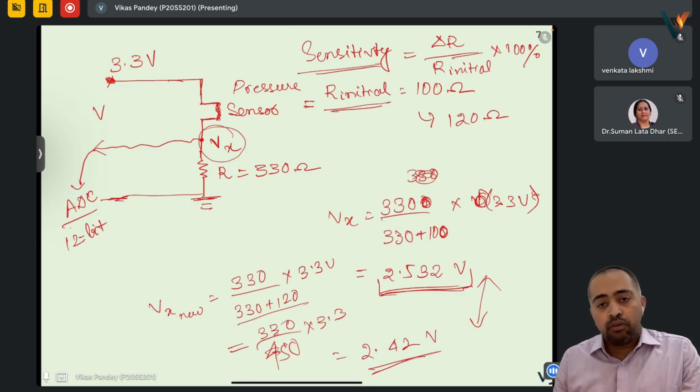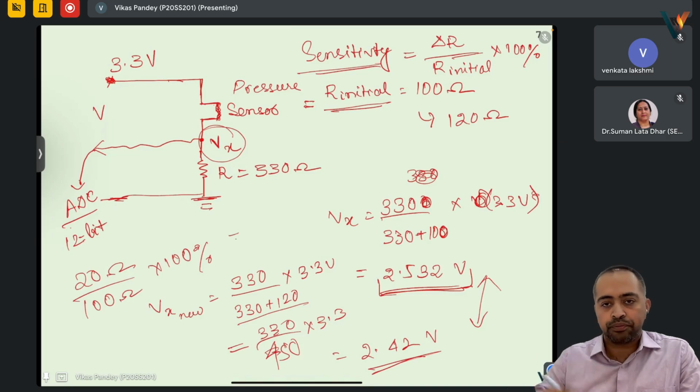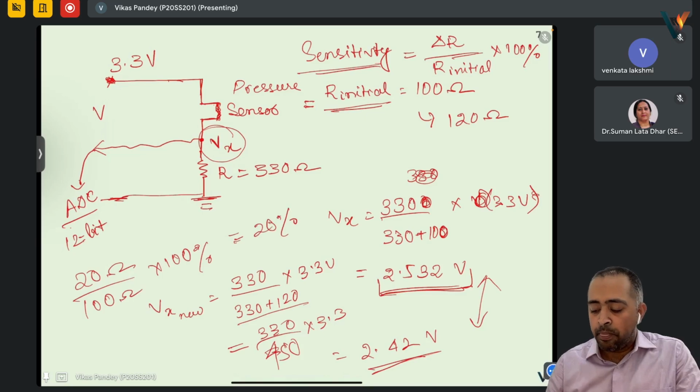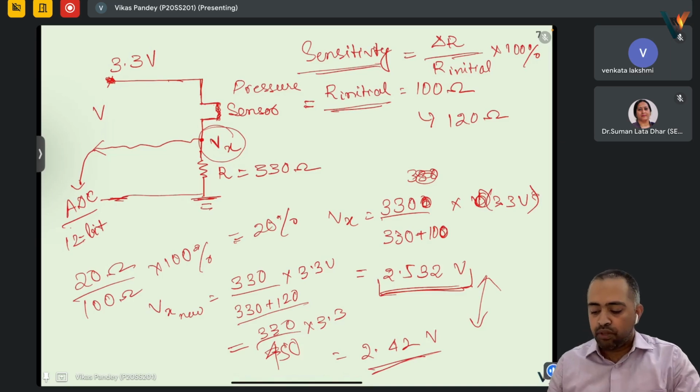So our sensitivity or response in this case will be 20 ohms upon 100 ohms into 100%, which equals 20%.